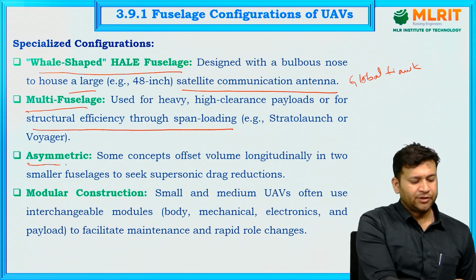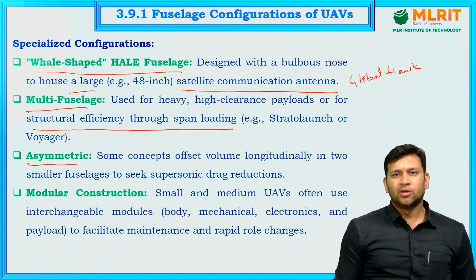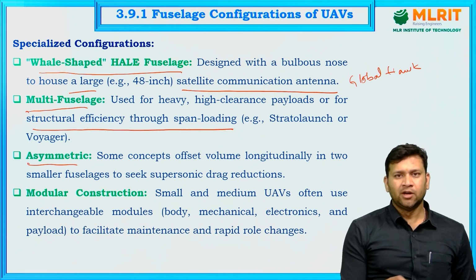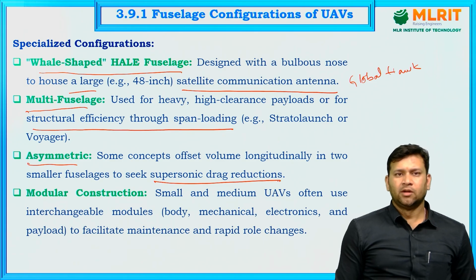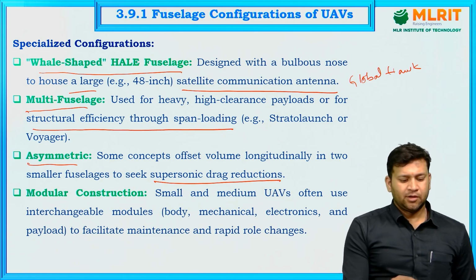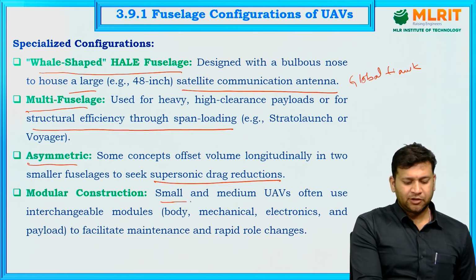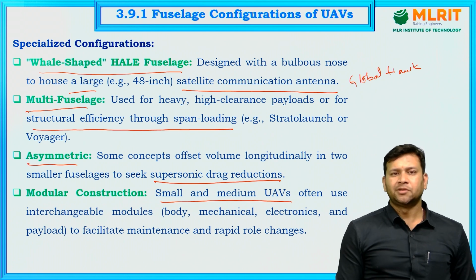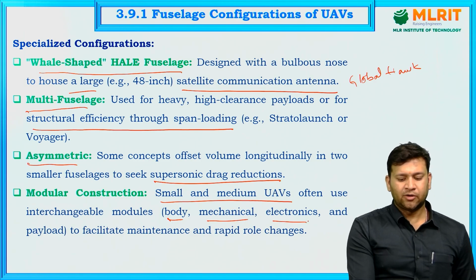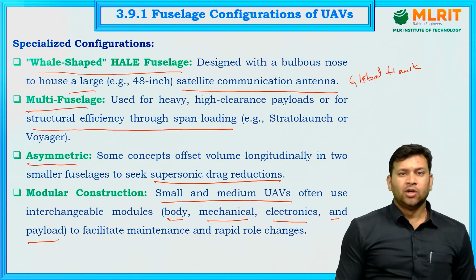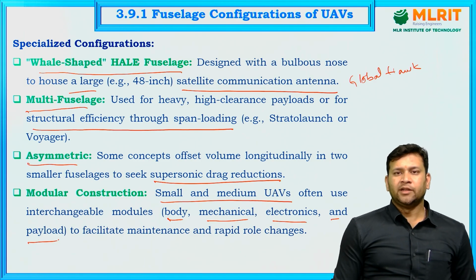Asymmetric configuration. Some concepts offset volume longitudinally in two smaller fuselages to seek supersonic drag reductions. Modular construction. In this configuration, small and medium unmanned aerial vehicles often use interchangeable modules like body, mechanical, electronics, and payload to facilitate maintenance and rapid role changes.